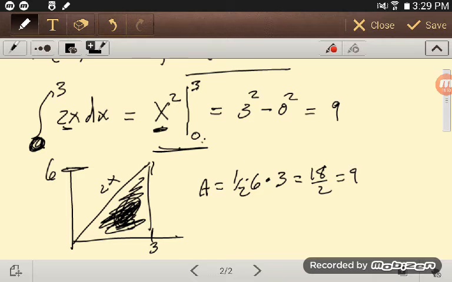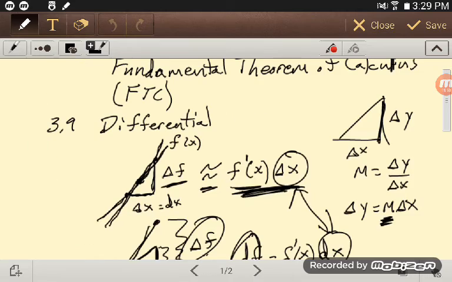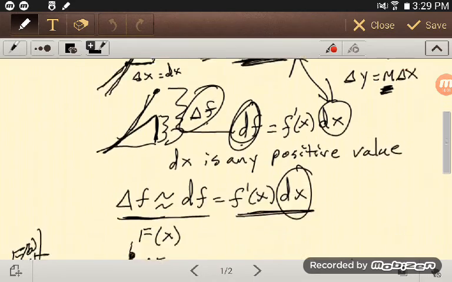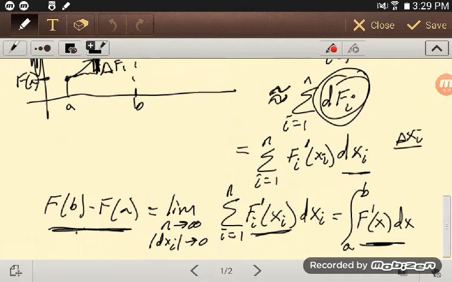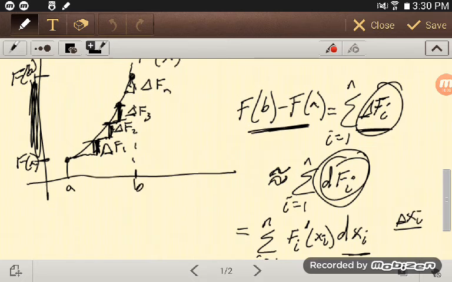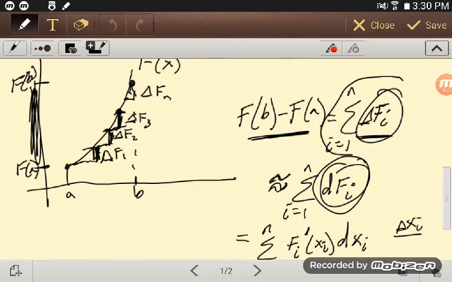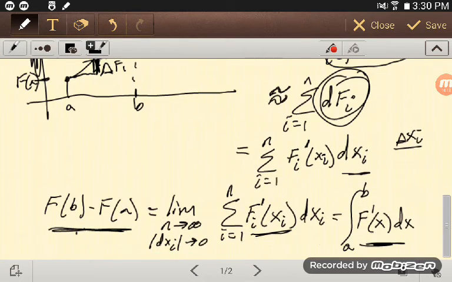But more importantly, what you want to realize is that what we're doing here is we're adding up a bunch of changes in f, right? So, I went too far there, right? We are adding up all these changes in f here, and that, in the limit, is what got us to this definite integral.